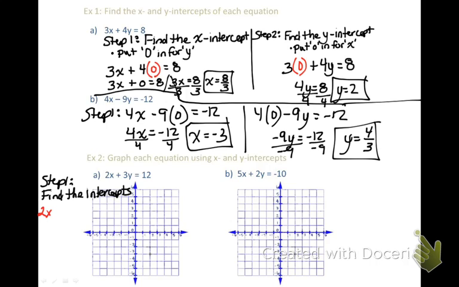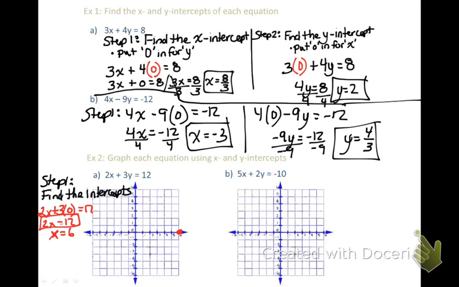I'm going to just skip it and go 3 times 0 equals 12. 2x equals 12. X equals 6. By this time you should be able to just go right to 2x equals 12. So if you want to, you could start with that. And then you're going to find 6 on the x line, which is right here. And you're going to graph it.